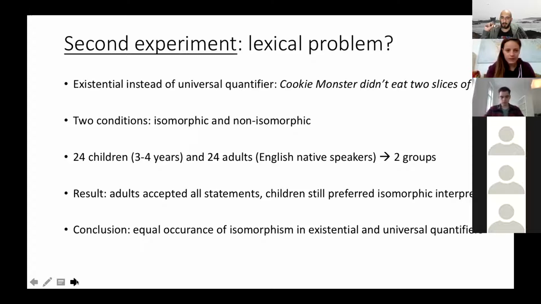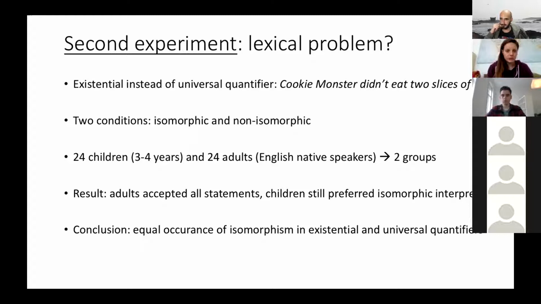Okay, I'm sorry, can I just make things clear? In this case, can you paraphrase again the isomorphic and non-isomorphic interpretation, because I'm a little bit slow every time. That's okay. In the isomorphic interpretation, the scene was acted out so that there were 2 slices of pizza and the Cookie Monster only managed to eat 1.